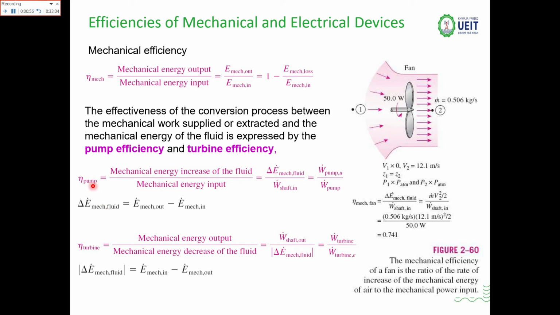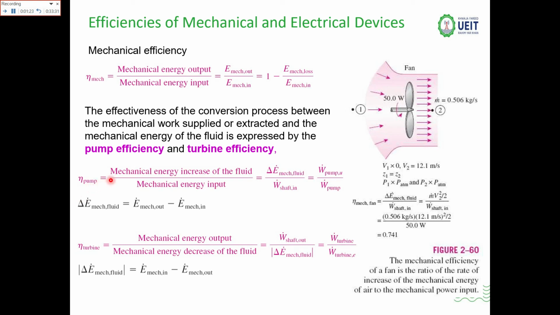Now the efficiency of a pump equals the mechanical energy increase in the fluid divided by the mechanical energy input, that is, delta E mechanical fluid divided by the mechanical energy input, basically the work on the shaft, which is W pump. What does it mean?